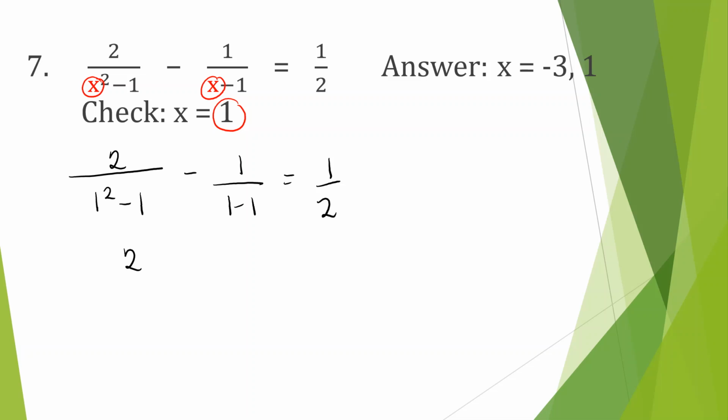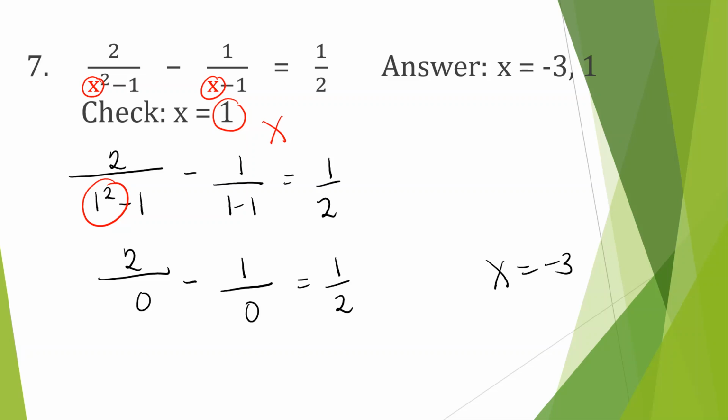So we have 2 over 1 squared is 1 minus 1 is 0, minus 1 over 1 minus 1 is 0, is equal to 1/2. Remember, we cannot divide a number by 0. In this case, 1 is not a solution to the equation. Therefore, the only solution to the equation is when x is equal to negative 3.